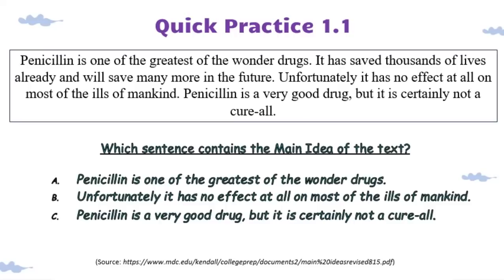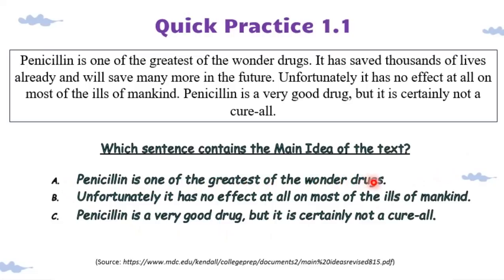As mentioned before, a main idea has all the details of the text summarized into one sentence. It is the central idea of the text. So, which sentence summarizes all the details? If we look at A, "Penicillin is one of the greatest of the wonder drugs."